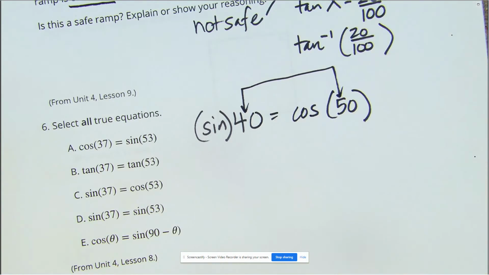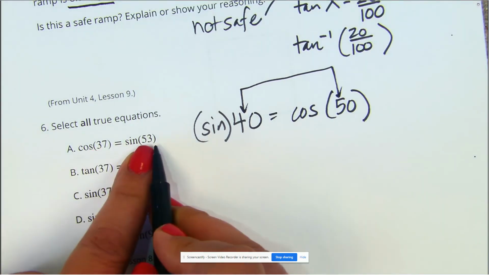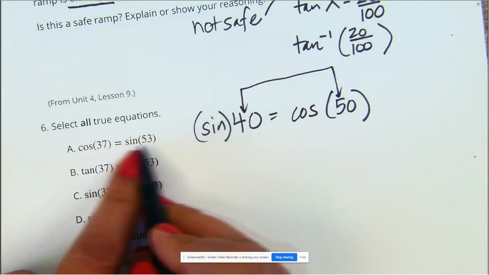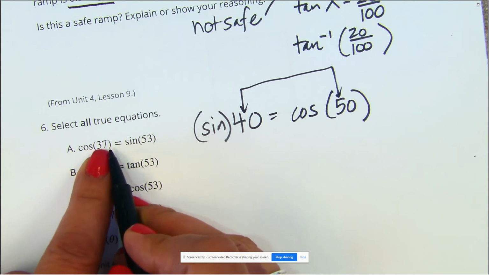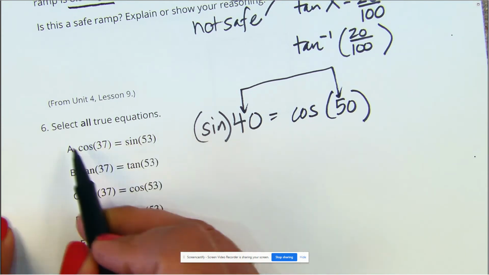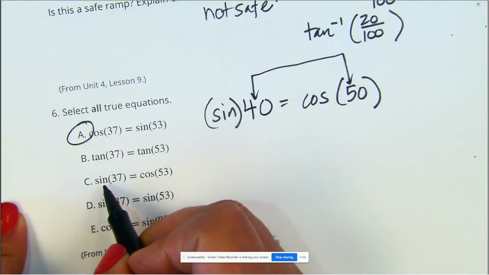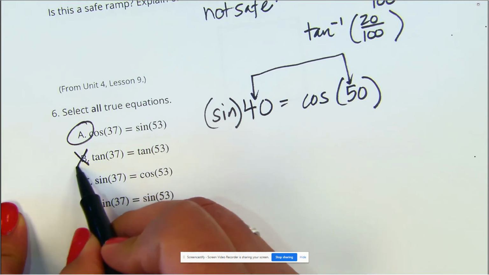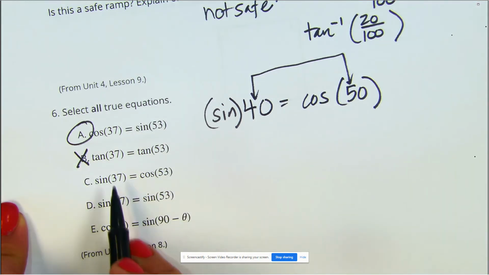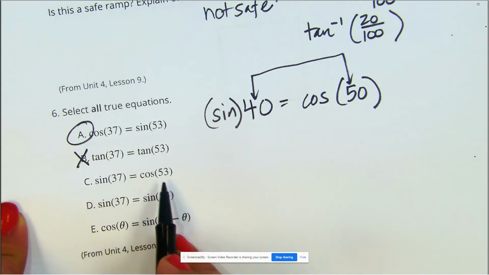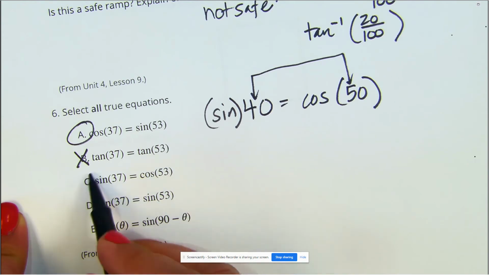Okay, so here, do 37 and 53 add up to 90? Yes, so the cosine of this one would be equal to the sine of this one. Tangent, that does not hold true. It's just sine and cosine. Sine of 37 is equal to the cos of 53? Yes, those add up to 90, and you've got sine and cosine.